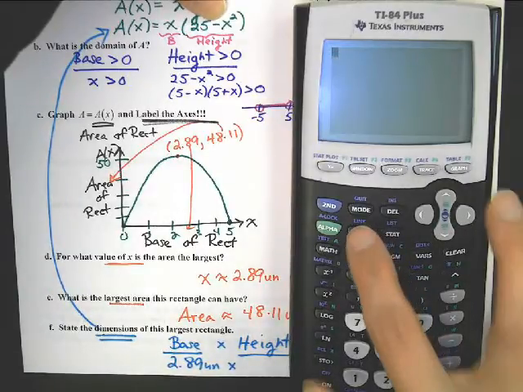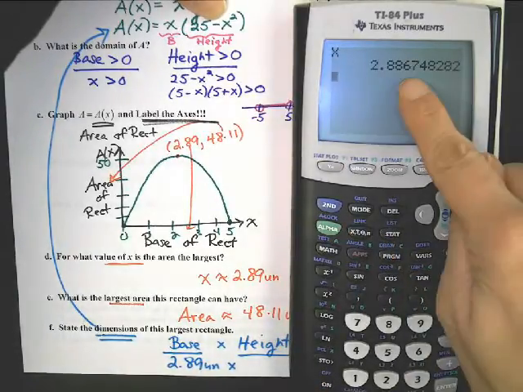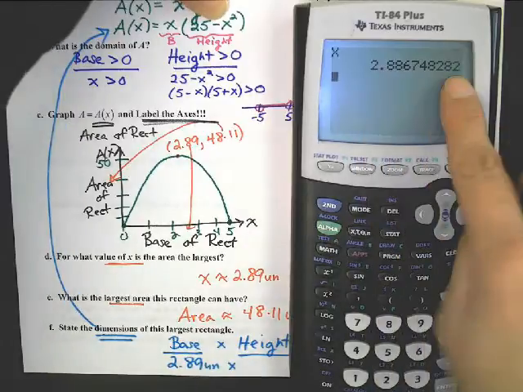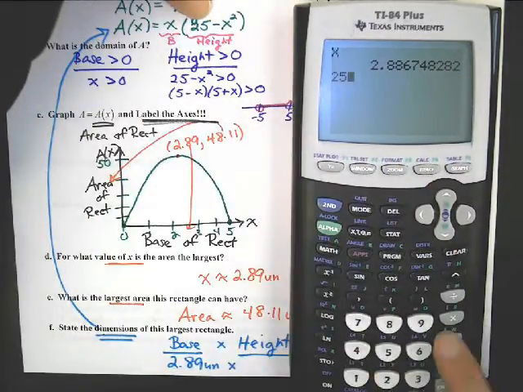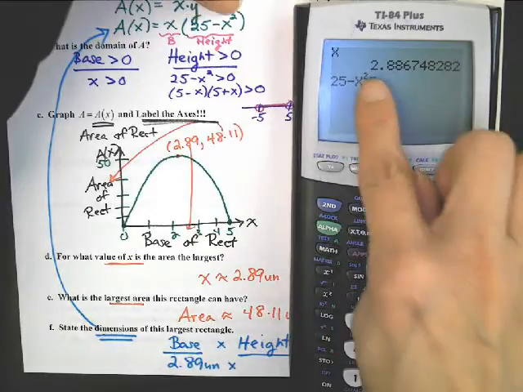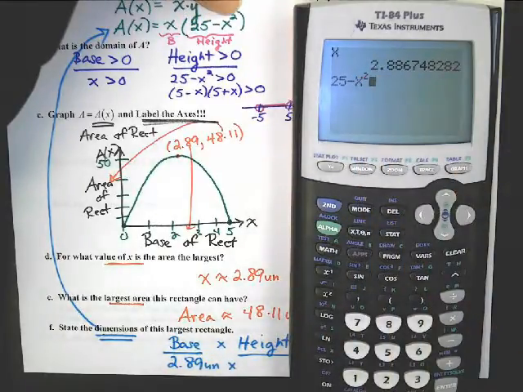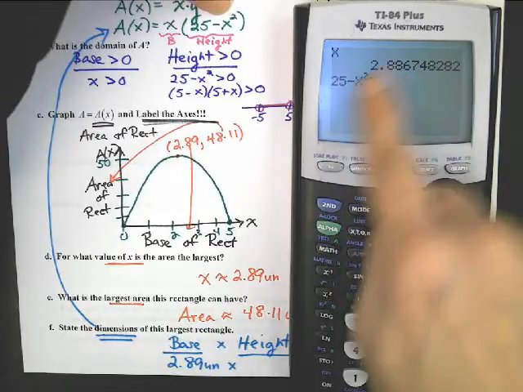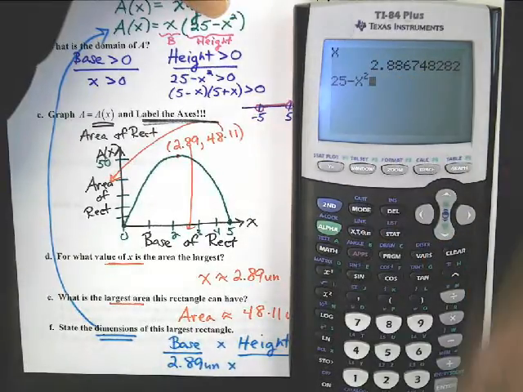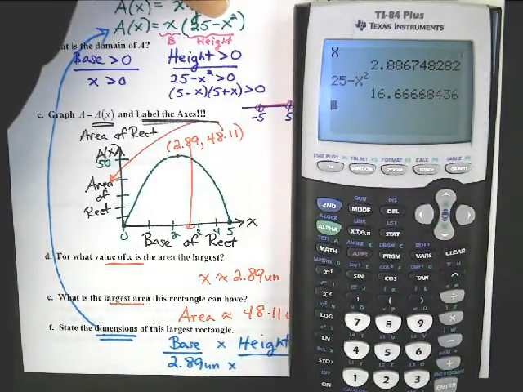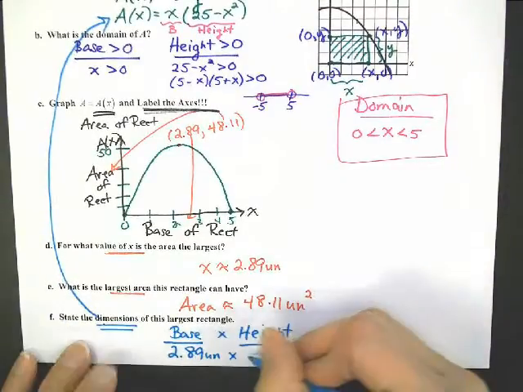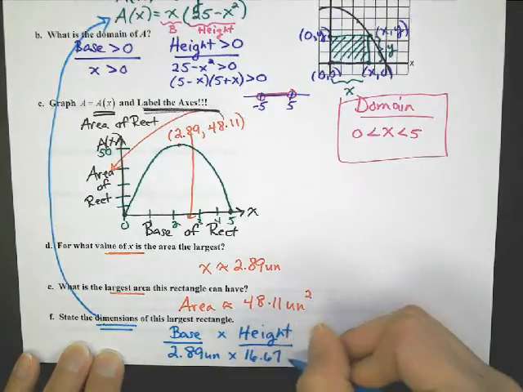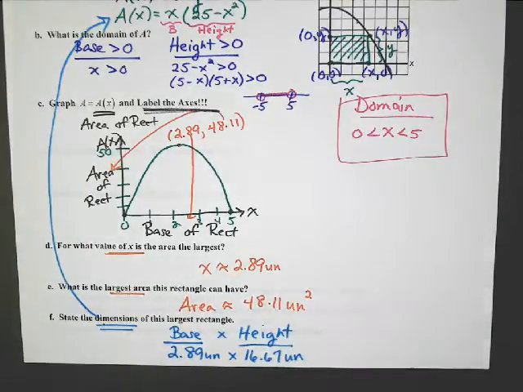Now anytime you type in x, it grabs the x from your graph, all those decimals plus more. So I want to figure out 25 minus x squared, using the entire value of x, and I want the calculator to grab that number for me, and the answer is 16.67. And that's units.